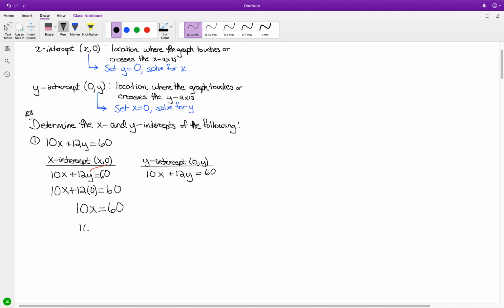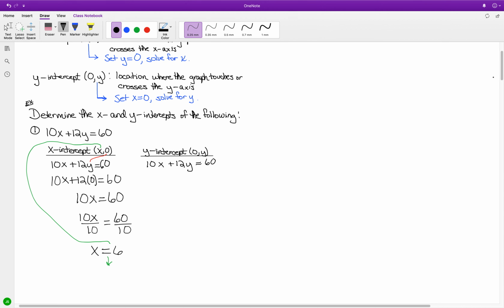Upon division by 10, the left-hand side becomes x, and 60 divided by 10 becomes 6. So x is equal to 6, and the x-intercept is on the x-axis at (6, 0).